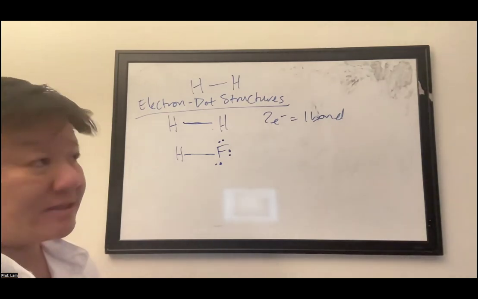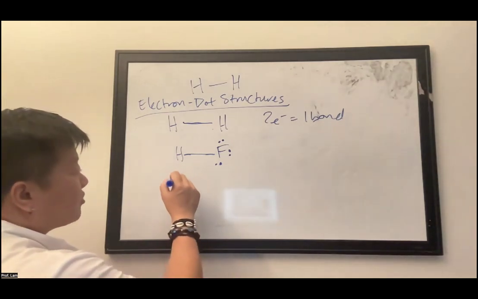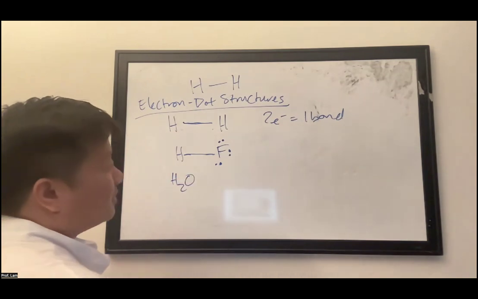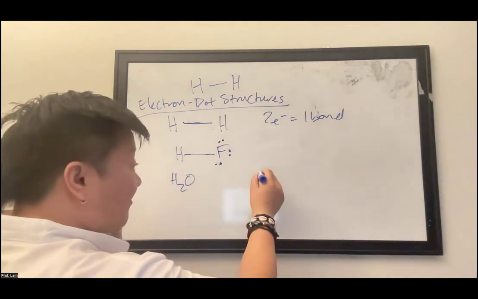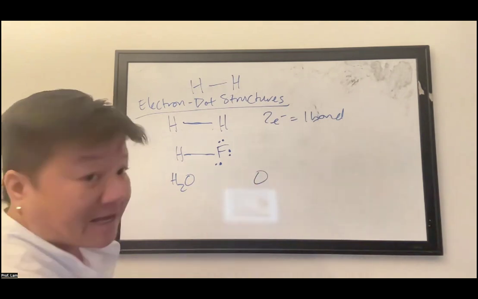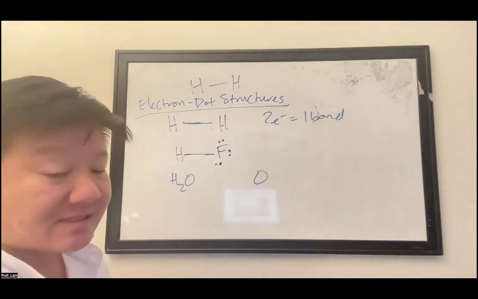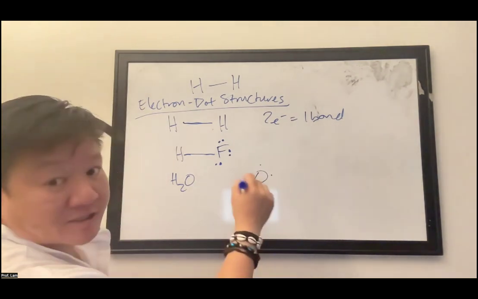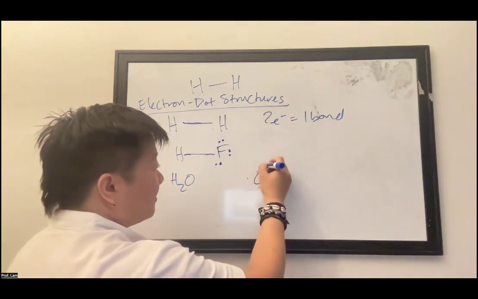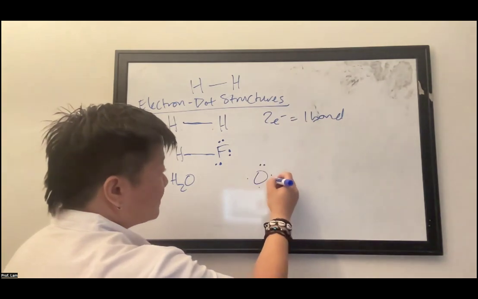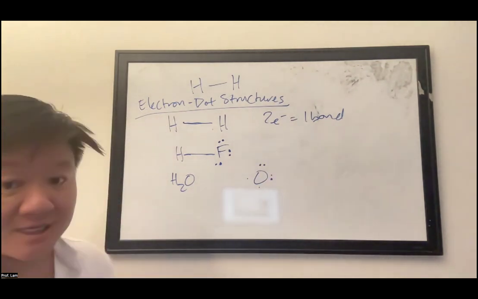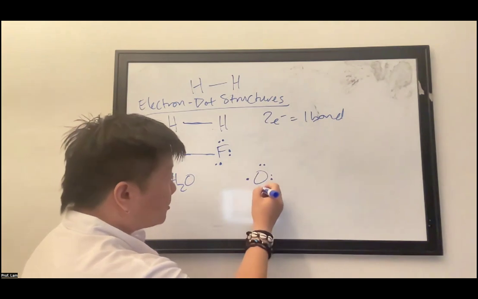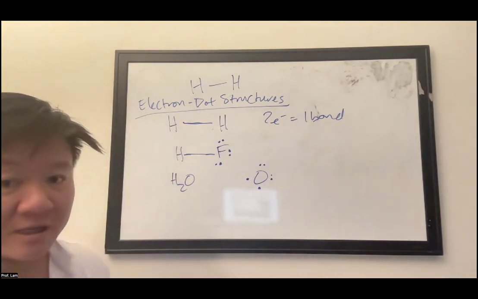We can do another one. So if we were to draw, just quickly, H2O, this is how it works because you have oxygen, and oxygen has how many valence electrons? 6. So 1, 2, 3, 4, right? 1 on each side before you pair up. 5, 6. So once you do 6, you see that oxygen has 2 unpaired electrons.